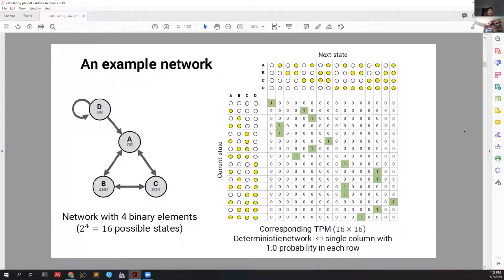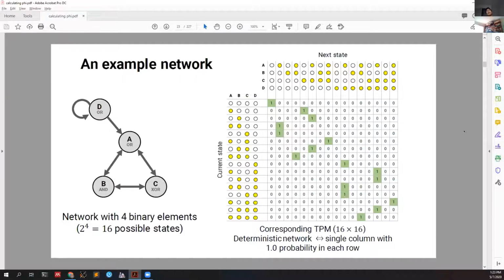So in this larger system, we will get this TPM as the representation of this system. The difference between this network TPM and the previous element TPM is that in this case, the network has 4 elements.